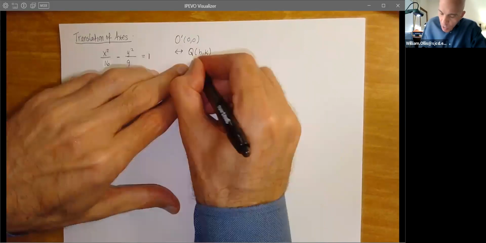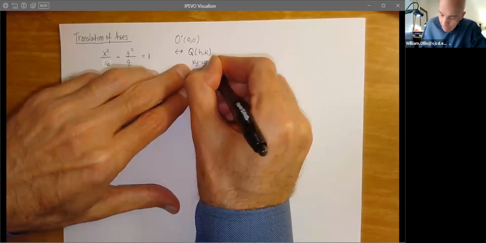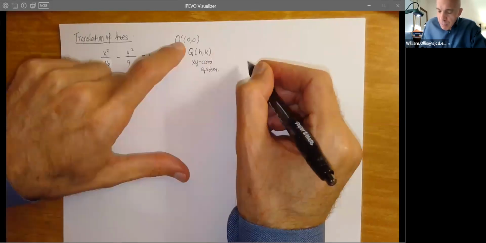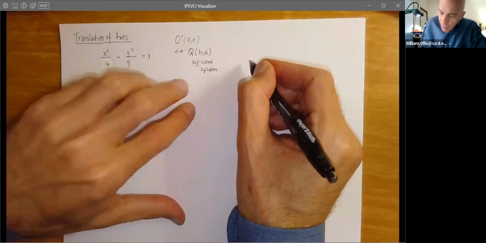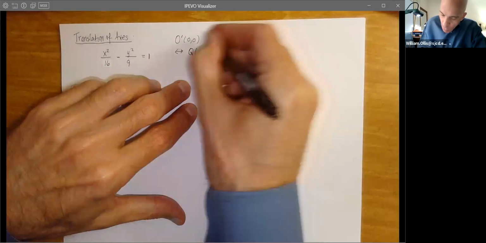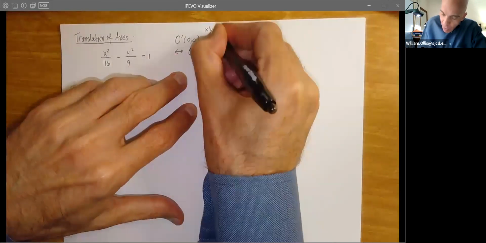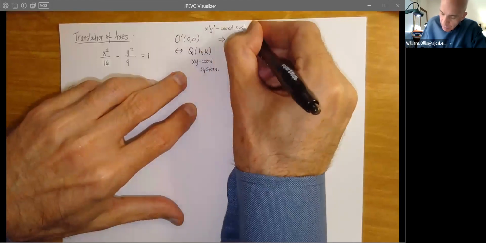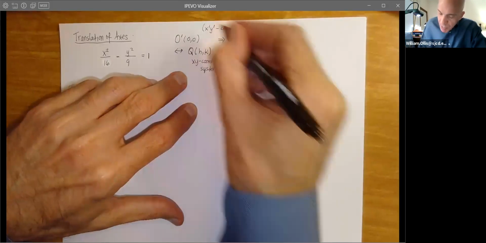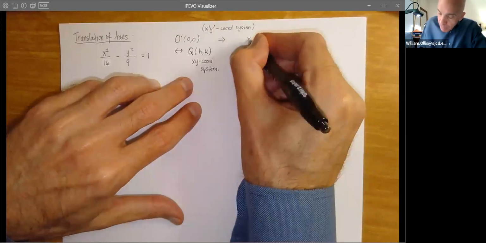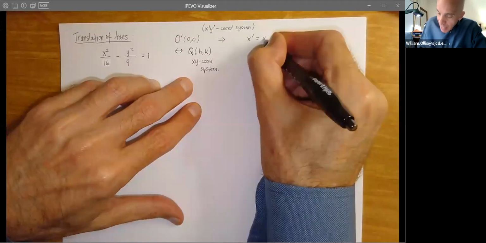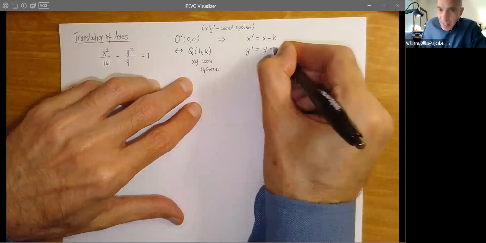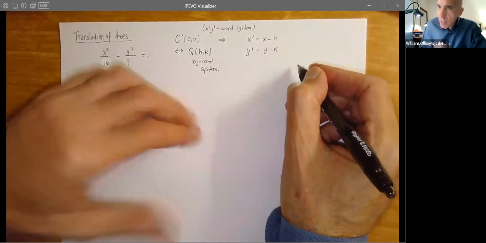So this will be the XY coordinate system. And we're thinking of this being our new origin. So this would imply, and then of course, this is called the X prime, Y prime coordinate system. They're not derivatives, but I have to give it another name, and that's the easiest. We would say that x prime would now be x minus h, and y prime would now be y minus k, thinking about function transformations that we've done in college algebra.